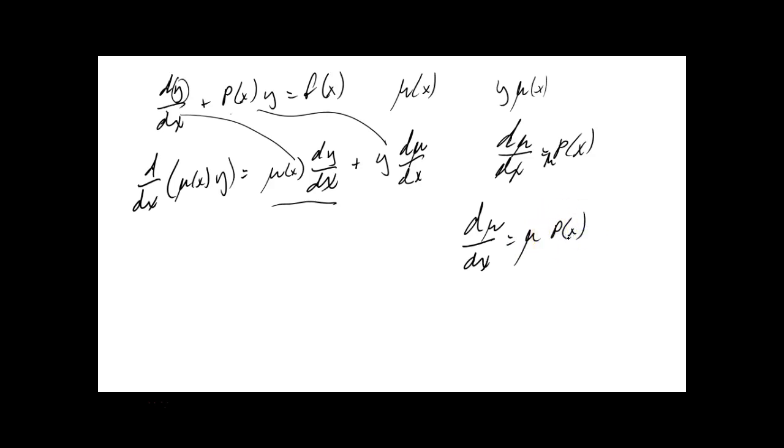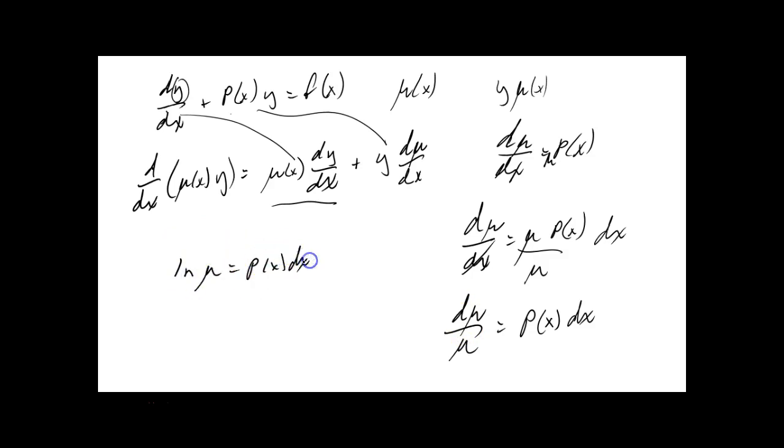Now, what we're going to do is separate that equation. Make this d mu over mu, divide both sides by mu, and write it in differential form, is equal to p of x dx. We know this is going to be log mu is equal to the integral of p of x dx, right? Well, let's undo the log by doing an e.